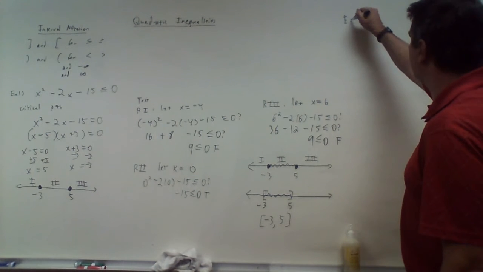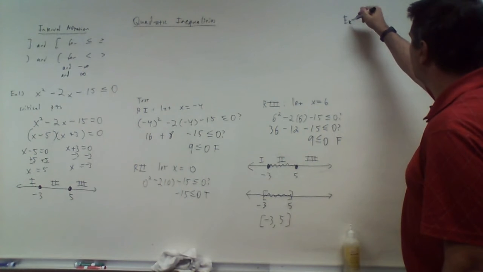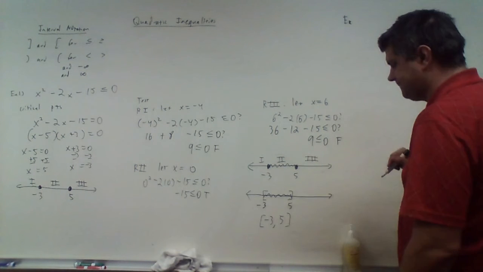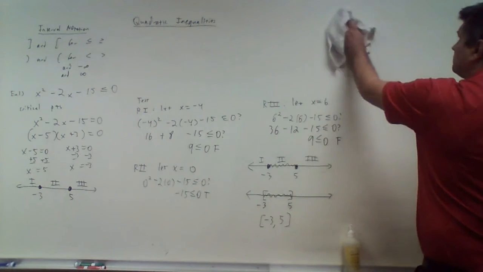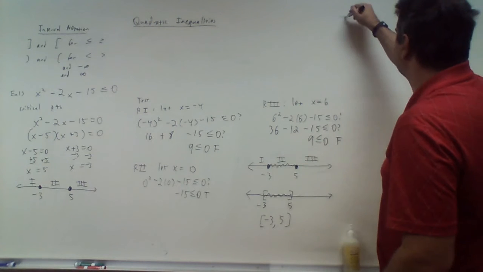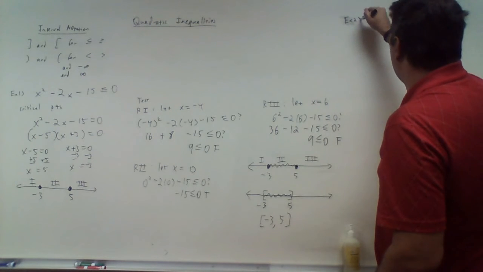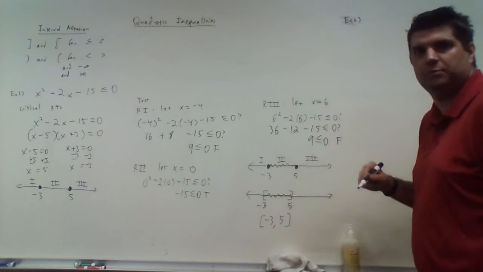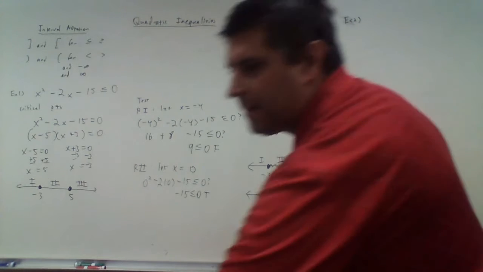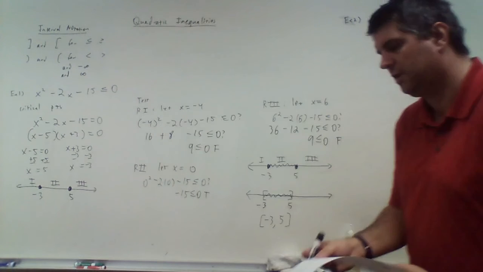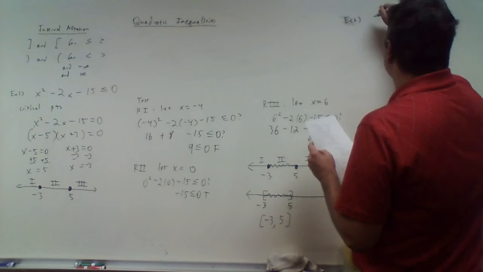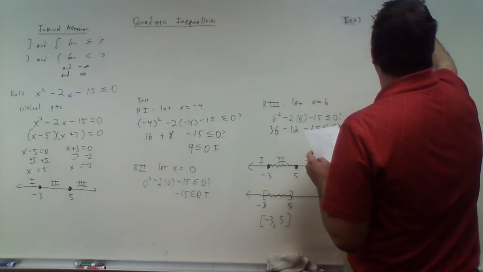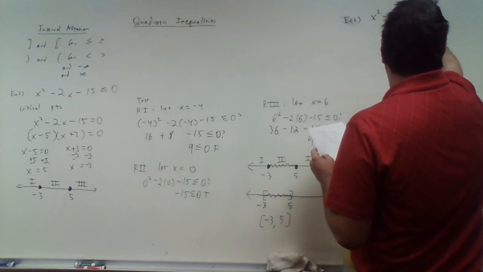Here's example 2. Okay? Example 2 says x squared minus 169 is greater than 0.